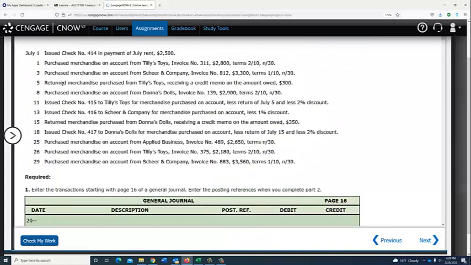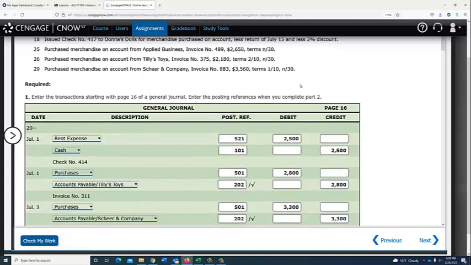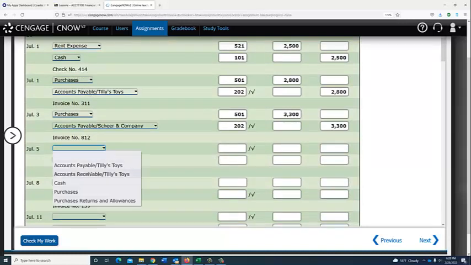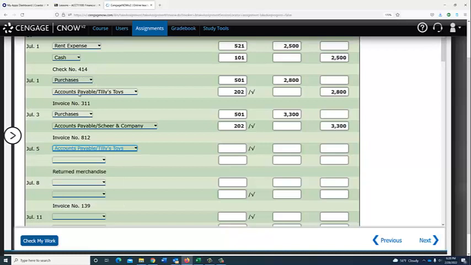On the 5th, we had a return. We returned merchandise from Tilly's Toys and received a credit memo on the amount owed of $300. Okay, so here is our original entry to Tilly's. When we have a return, we're just going to turn this entry upside down. So accounts payable Tilly's for $300.